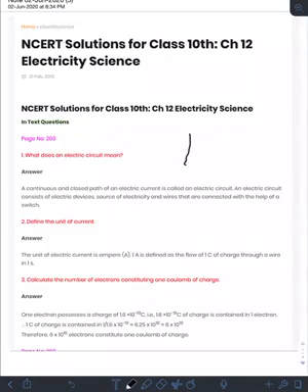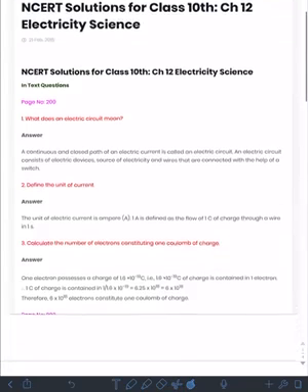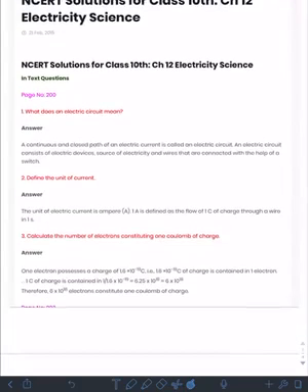Let us take the first question: what does an electric circuit mean? If you go through NCERT books, you can find it. A continuous and closed path of electric current is called an electric circuit.